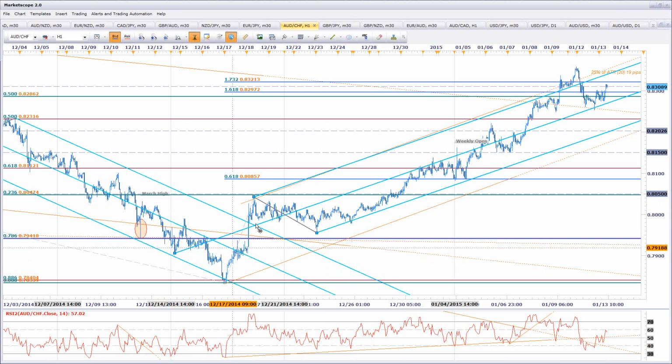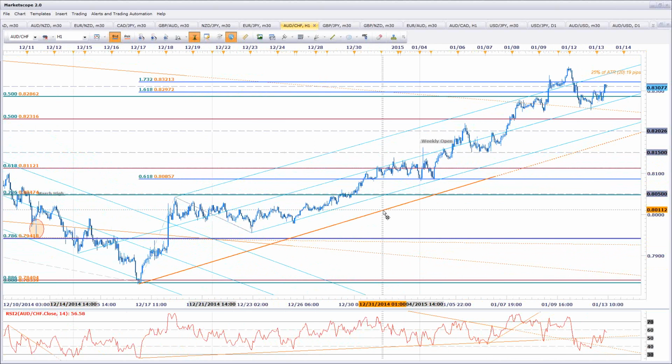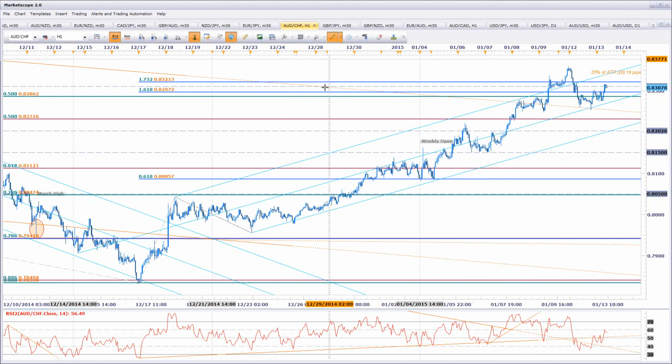Okay, so sorry, my trend lines got messed up here a little bit. These are the trend lines that we've been focused on. These are supposed to be parallels, guys. Sorry about that.